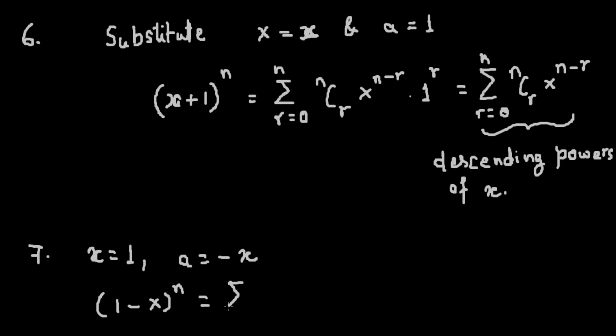So this is summation, r goes from 0 to n, nCr. I'm straight away writing the result. So this is negative 1 raised to the power of r and x raised to the power of r. So this is what we should get.